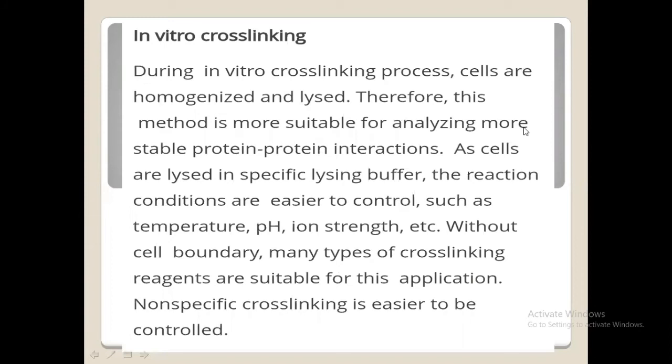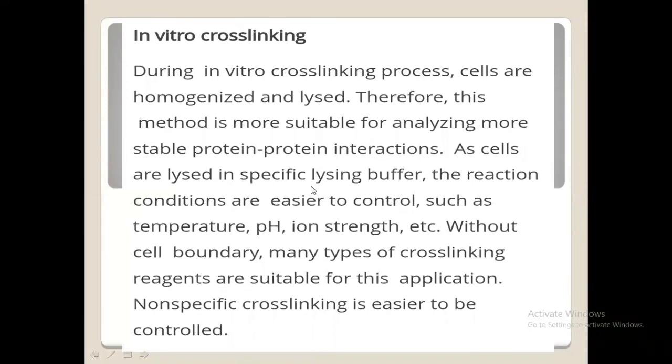Then we are going to see the different types of cross-linking. The first one is the in vitro cross-linking method, which is done in test tubes in the laboratory, outside the cell. During this in vitro cross-linking process, cells are homogenized; that is, you take the components from the cell, so first you homogenize the cells and they are lysed.